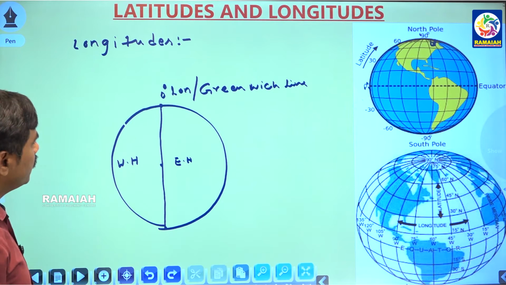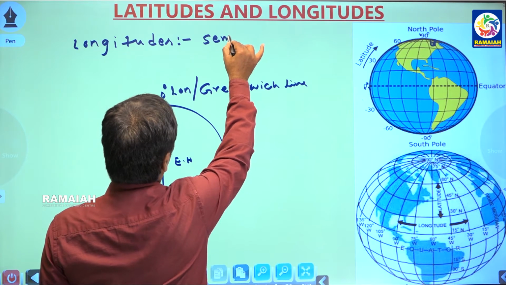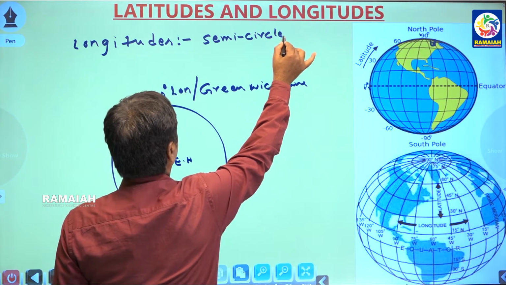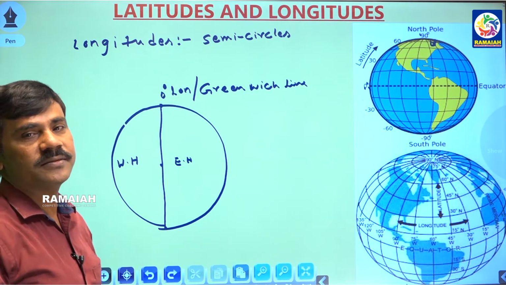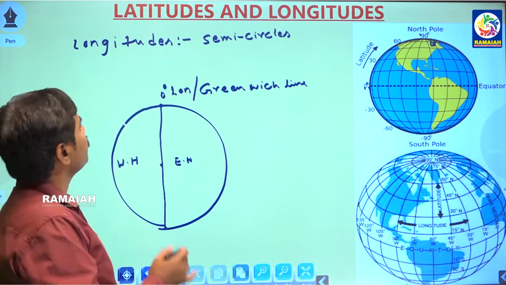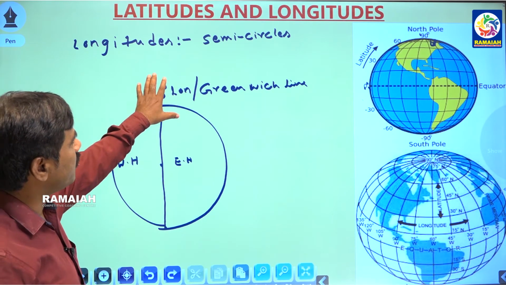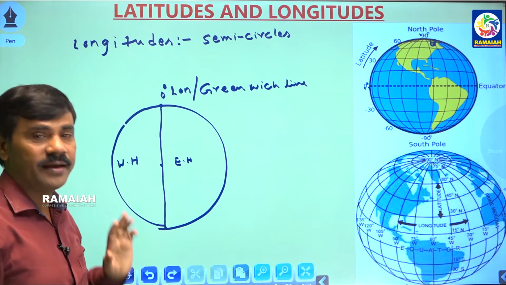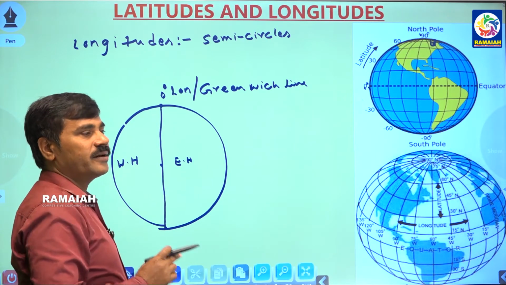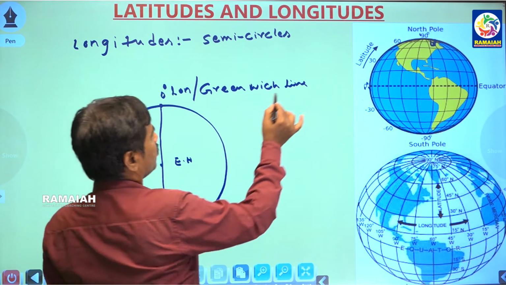Now see, each and every longitude is in the shape of a semicircle, unlike latitudes, which are circle shaped. Each longitude starts at the North Pole and ends at the South Pole, so they start and end at the poles.